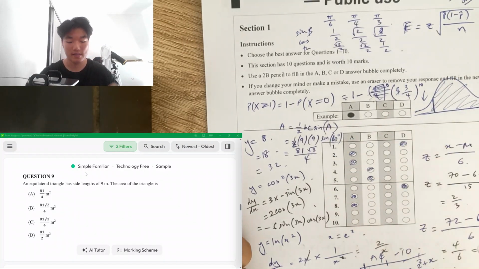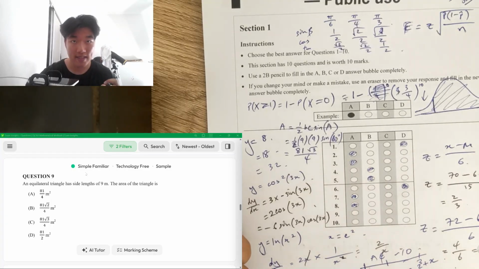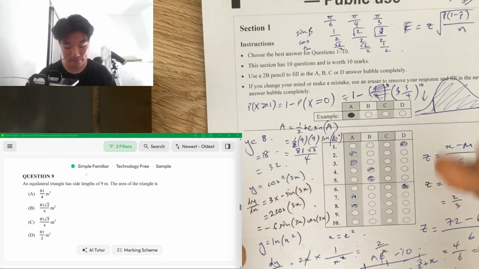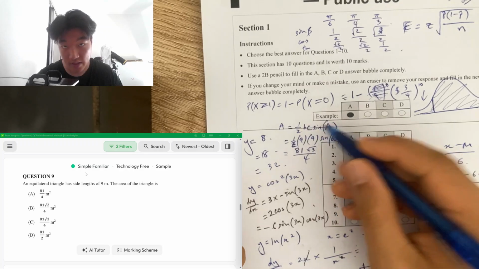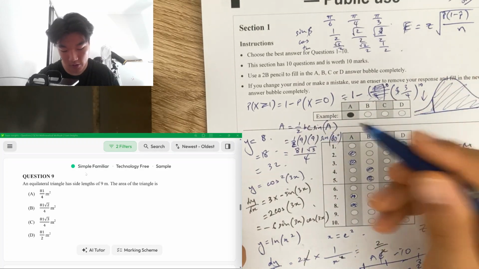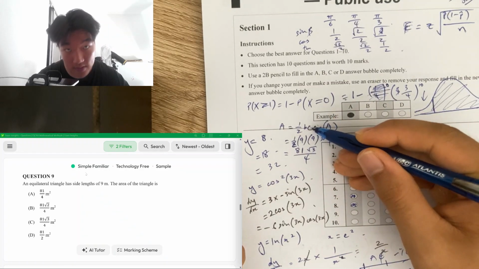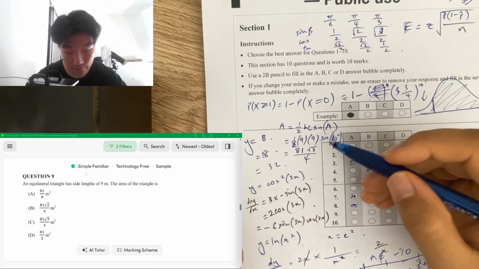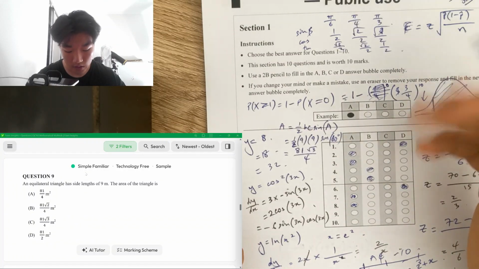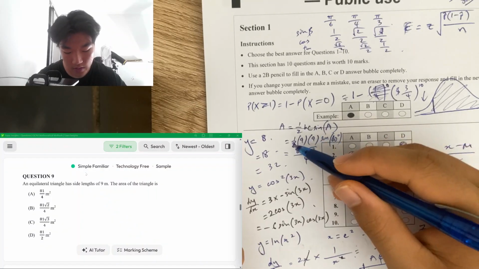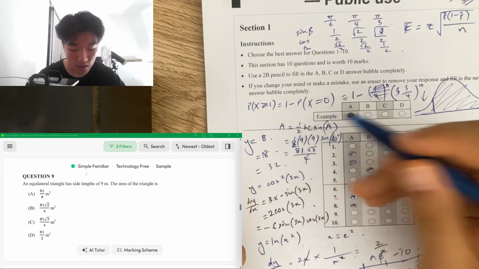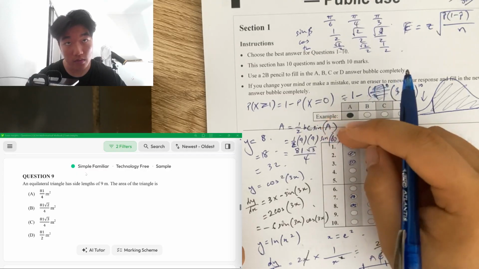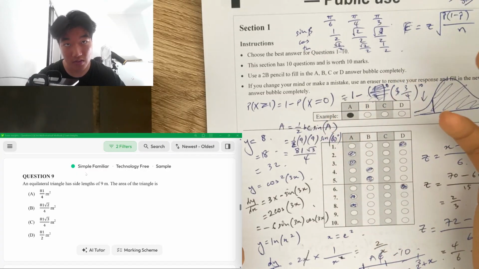Capital A represents the angle that's opposite to side lowercase a, which in this case was not included in the formula. Since b and c are equal, they're both 9 meters because it's an equilateral triangle, we just go 9 times 9, divided by 2 because of the half. Sine of 60 degrees, any angle in the equilateral triangle is going to be 60 degrees.